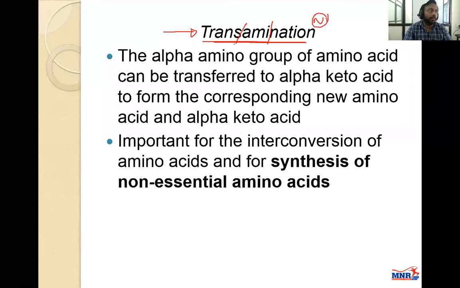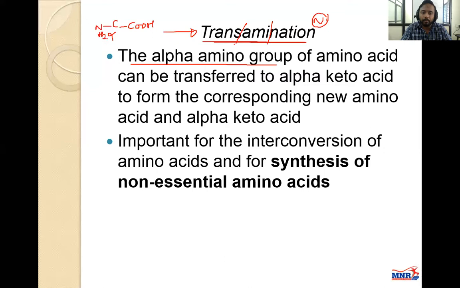Previously, decarboxylation meant removal of carbon dioxide. Here it is transamination reaction, meaning you are transferring the amino group from one. You can see here the alpha amino group. Alpha amino group means the amine which is attached to the alpha carbon only.